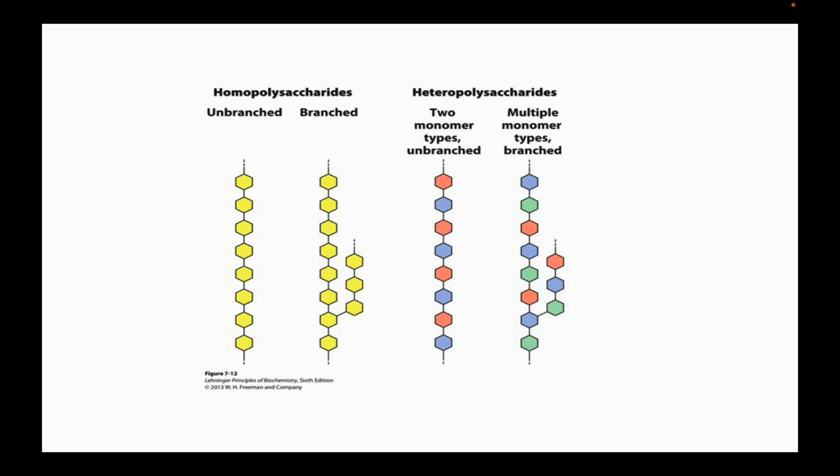For a polysaccharide, I think the glucose units should be more than 10, then it is termed a polysaccharide. A disaccharide has only two basic simple sugars. We also have heteropolysaccharides, and again we have branched and unbranched. In homopolysaccharides also we have unbranched and branched.